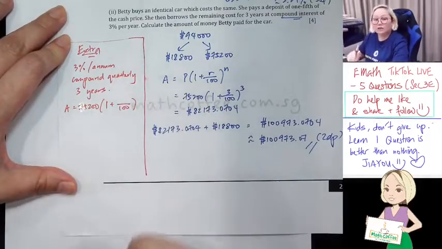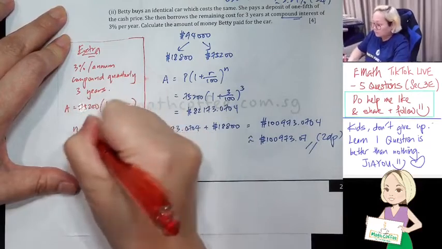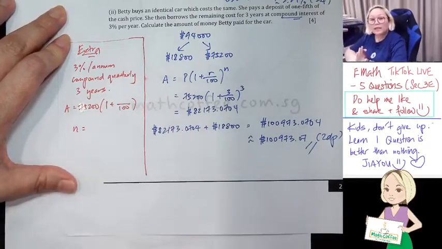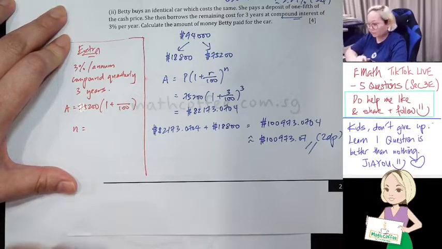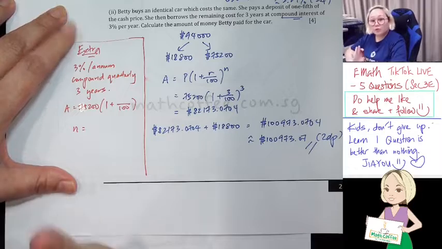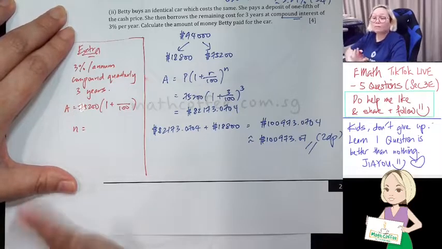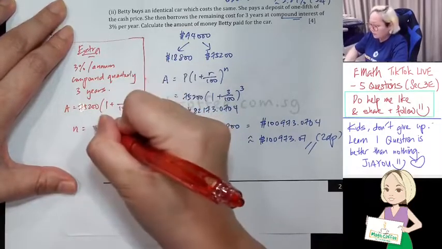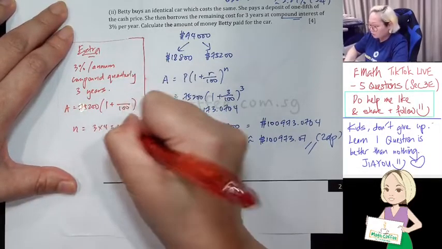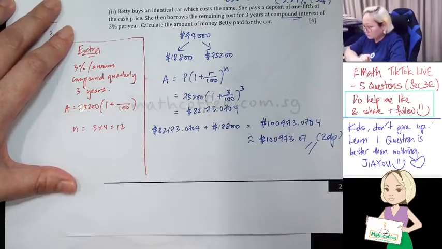First, ask yourself for the N first. Compound quarterly means 1 year compound 4 times. If it's 3 years, it's going to be 4 times 3, which is 12 times. That means total compound 12 times. So my N is equals to 12.